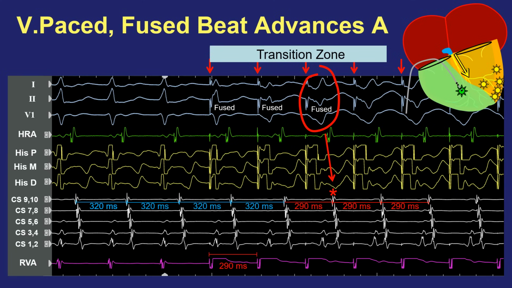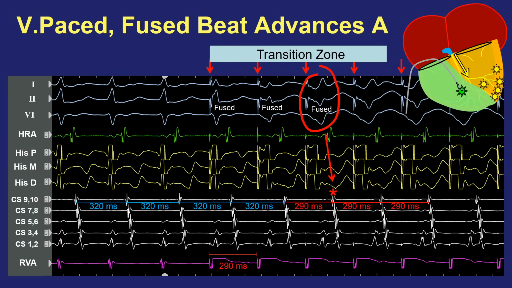Therefore, you have to have an accessory pathway present. That's the only possible way that a fused QRS could have advanced the atrium. That's another subtle difference compared to the last slide, where we talked about tachycardia termination. Here we talked about advancement of the A while the His bundle is refractory, which tells you there must be an accessory pathway there.